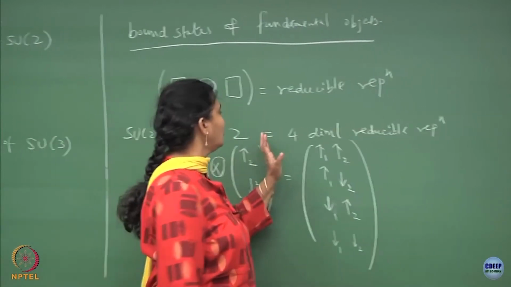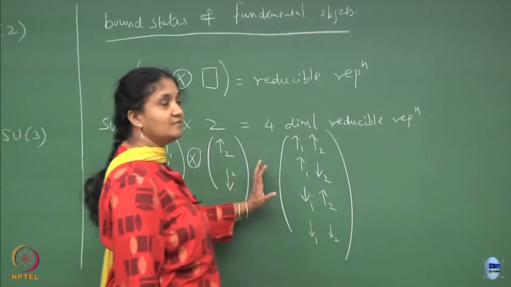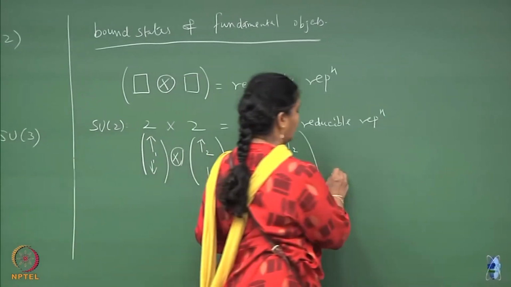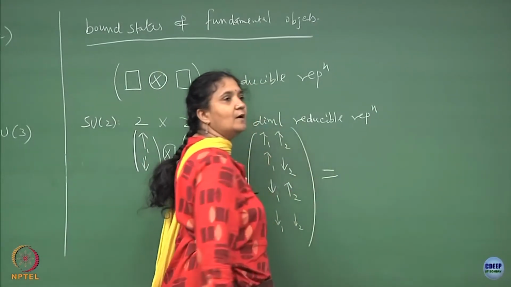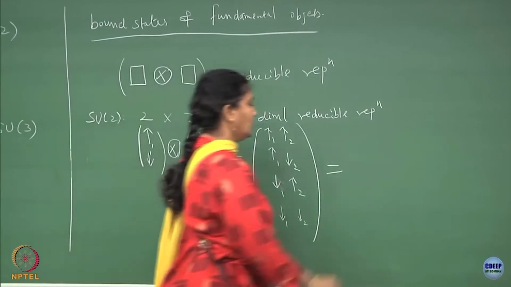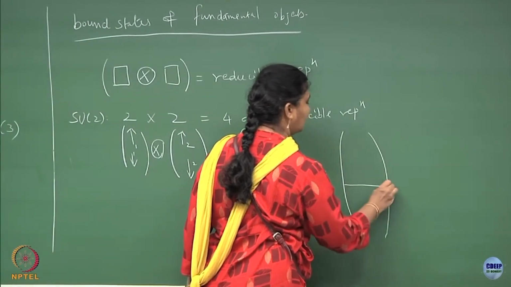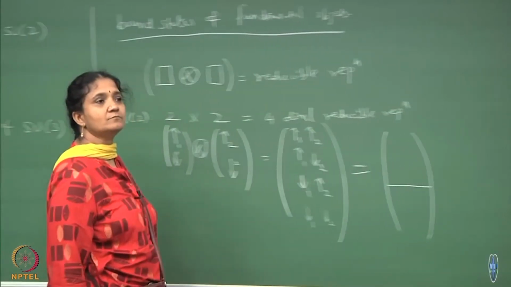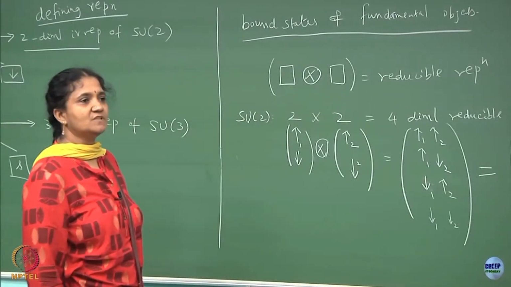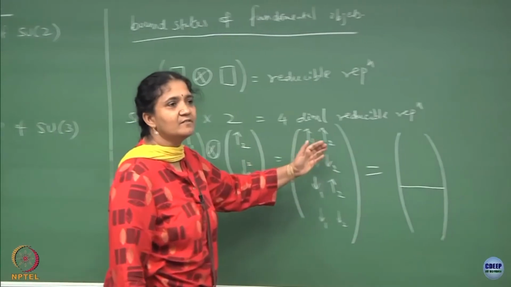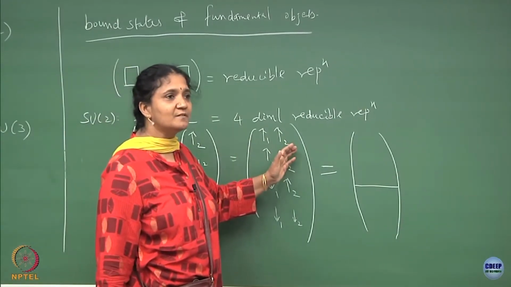Now, we need to decompose this. You have to decompose this into pieces which involve some linear combination. It is like the binary basis you used in your discrete groups.